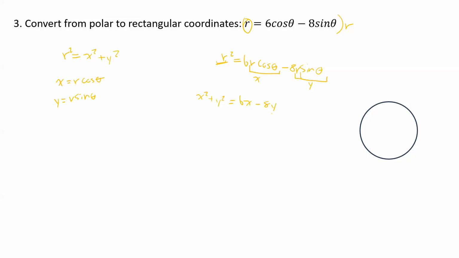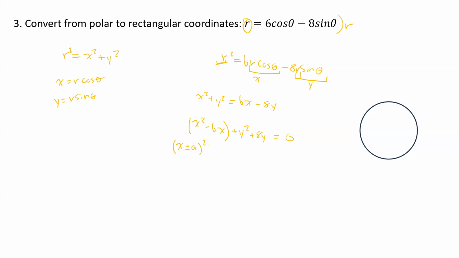You can move everything over to the other side and you have x squared minus 6x plus y squared plus 8y equals 0. Now, for these, we want to write this in the form of x plus or minus a value, squared, because then it's in the correct form, right?